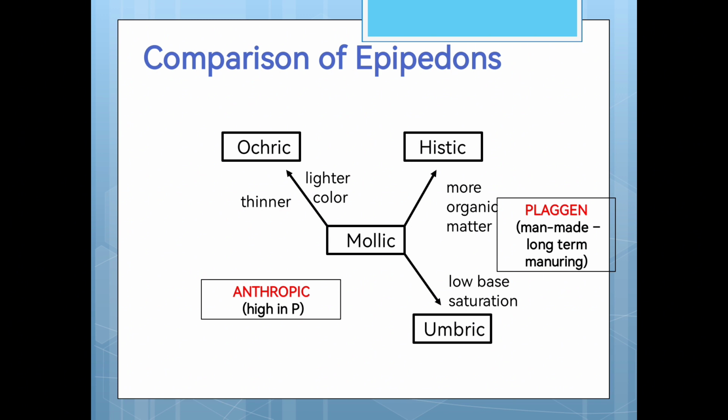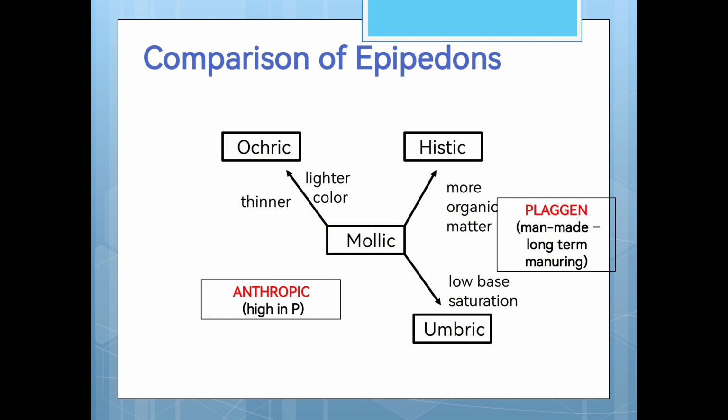Yun nga lang, lighter yung kanyang color at saka thinner, mas manipis siya, then that Epipedon is ochric. Kung ang soil naman natin ay nagre-resemble ng Molic, yun nga lang mas madami yung kanyang organic matter, then it is histic Epipedon.